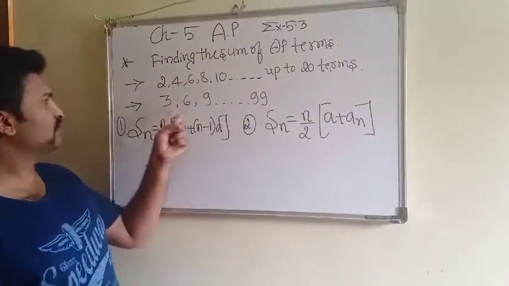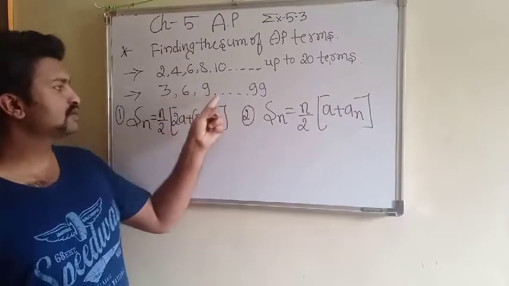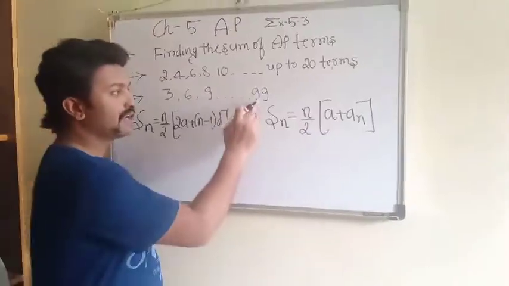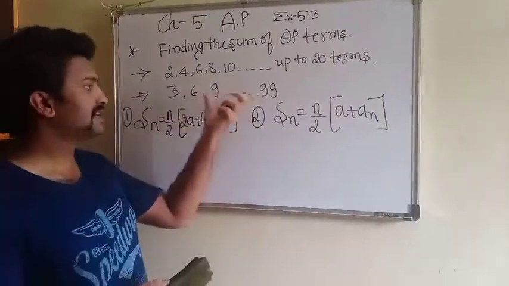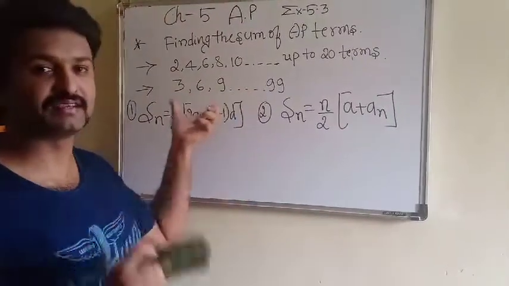Next we will go to one more example. Here the AP is 3, 6, 9, and so on up to 99. Here you just observe, they have given the last term, but we don't know how many terms are there in the AP.